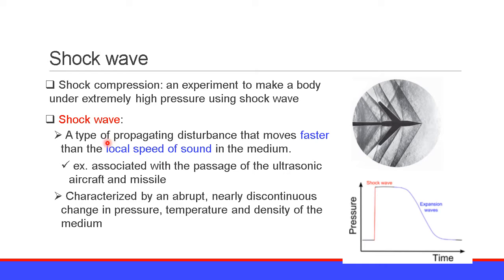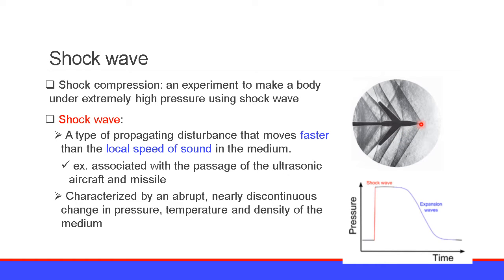Typical example of a shock wave is associated with the passage of the ultrasonic aircraft or ultrasonic missile. This is some picture about a shock wave associated with the passage of the ultrasonic aircraft.